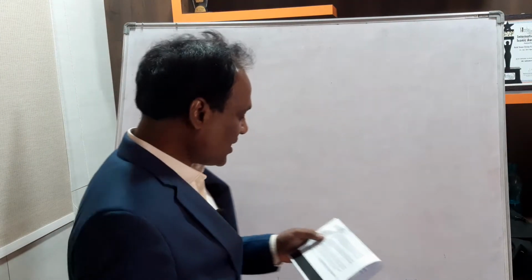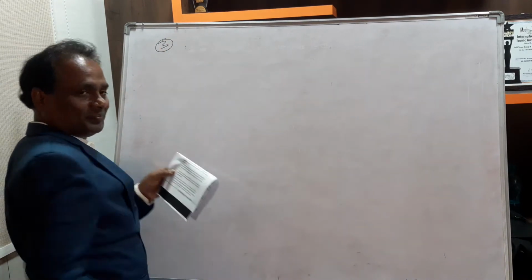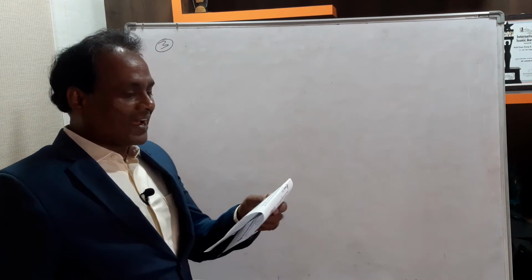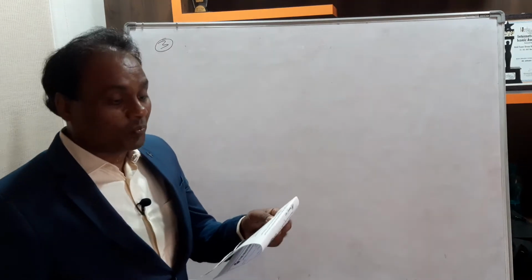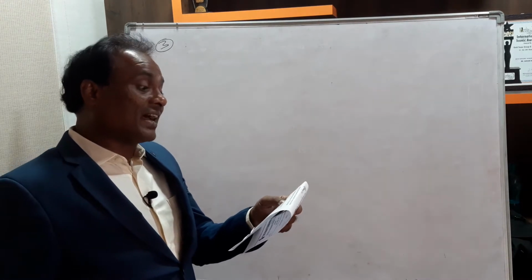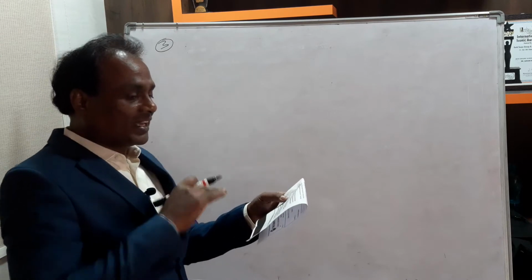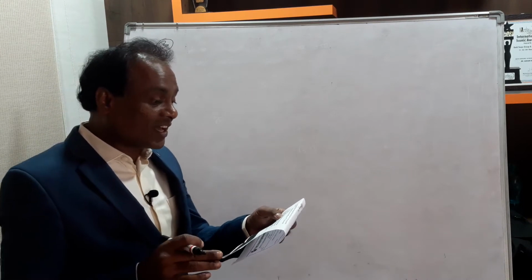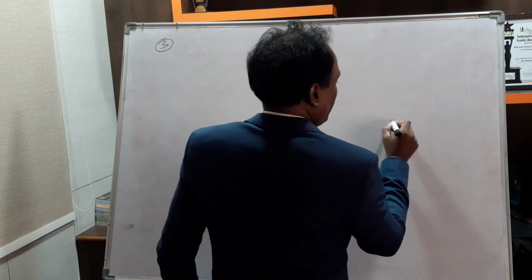Okay, so next, the third problem. See here. A contractor wants to set up a slide for the children to play in the park. He wants to set it up at a height of 2 meters, making an angle of 30 degrees with the ground. What should be the length of the slide? See here, this is the ground.